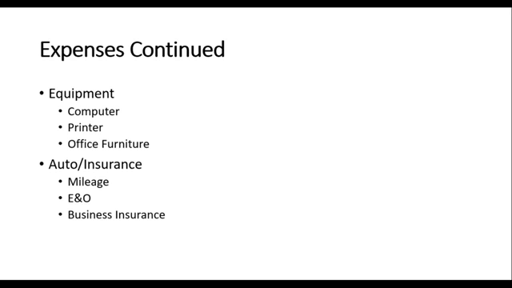Insurance. A lot of people have business insurance. You might have E&O insurance, and all of that's going to fit into these categories. Now, in a perfect world, we would see all of these 9 categories of expenses. We'd see a profit and loss with everything lined up under one of these 9 categories.